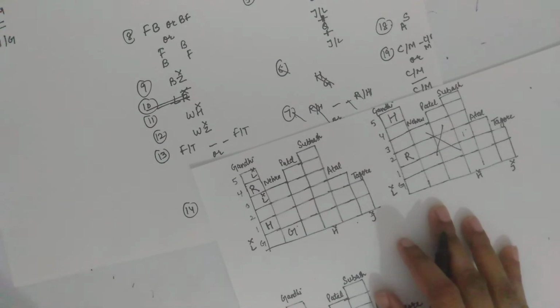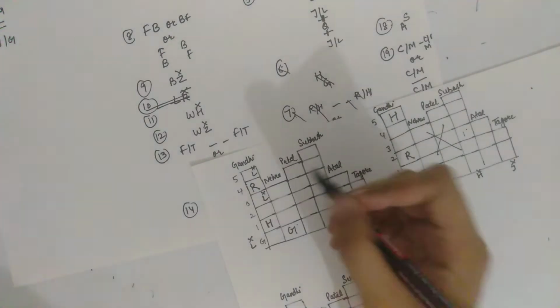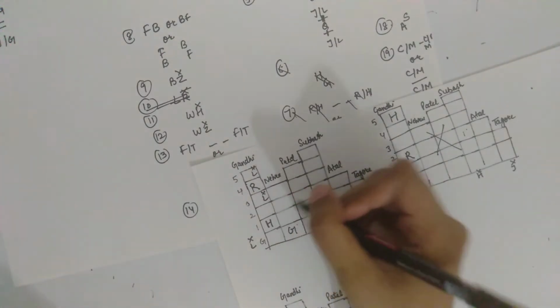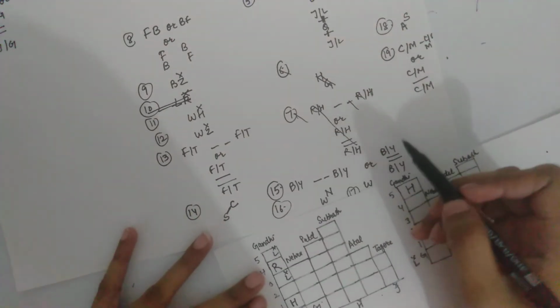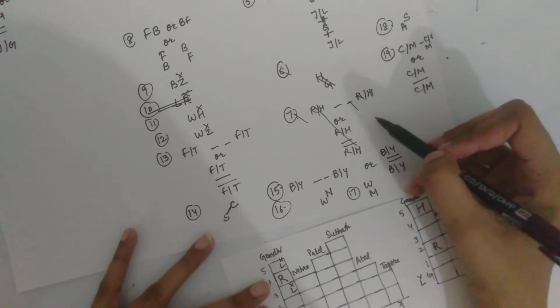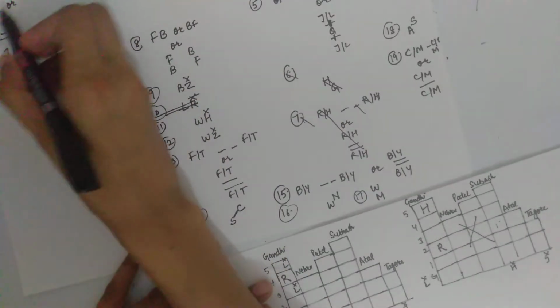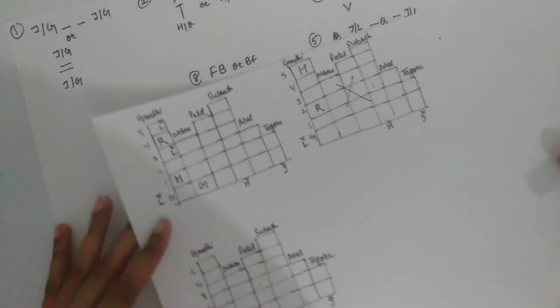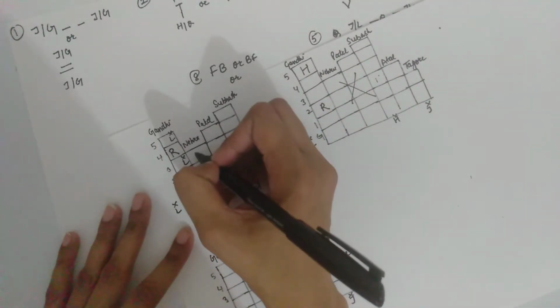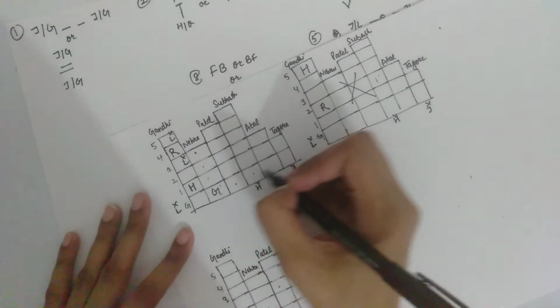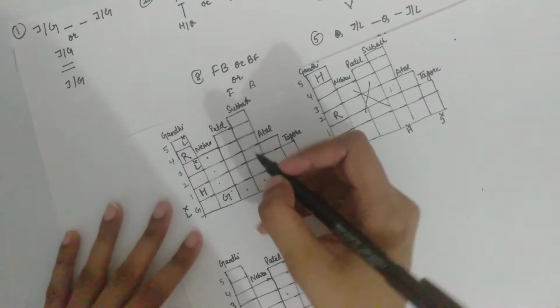Now see the next condition. What can we fill now? We have G. G and J have 2 persons between them, 2 places between them. If this is G, 1, 2, J can be here. 1, 2, J can be here also.